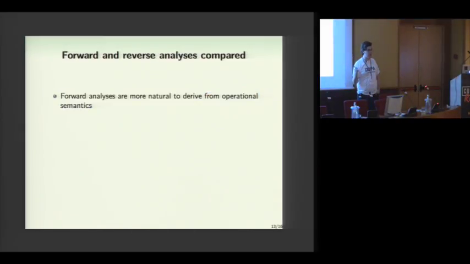Just to compare with state-of-the-art forward analyses, it's definitely true that forward analyses are more intuitive. You can essentially read a forward analysis off of the operational semantics of the language as long as you know how to abstract those operational semantics carefully. You can take the operational semantics of the language, move them into an abstract space, and there you go. There's a program analysis, modulo all of the things you have to do in order to make that program analysis nice and precise. So in a certain sense, this backwards approach is less intuitive.